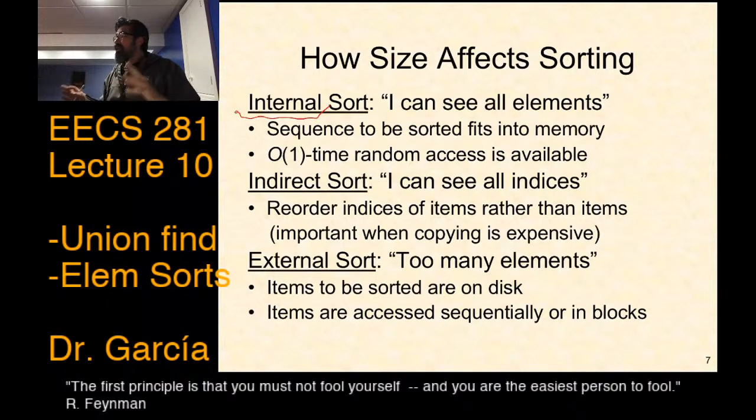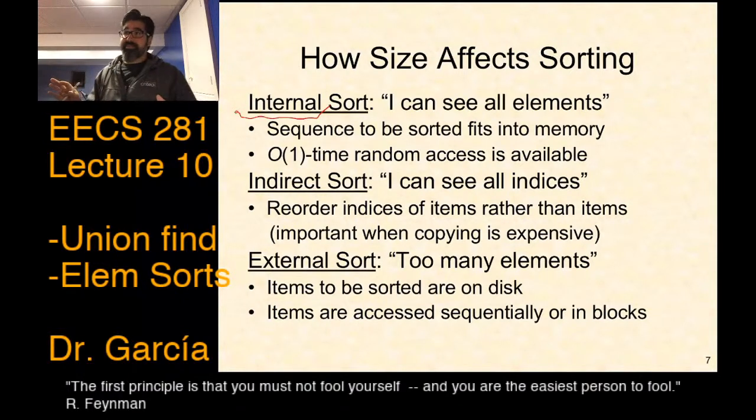You can load your array in memory, all your data. In fact, all the examples in this lecture are going to assume that it's a type of internal sort, because all we're sorting are integers. Integers are very easy to fit in memory.